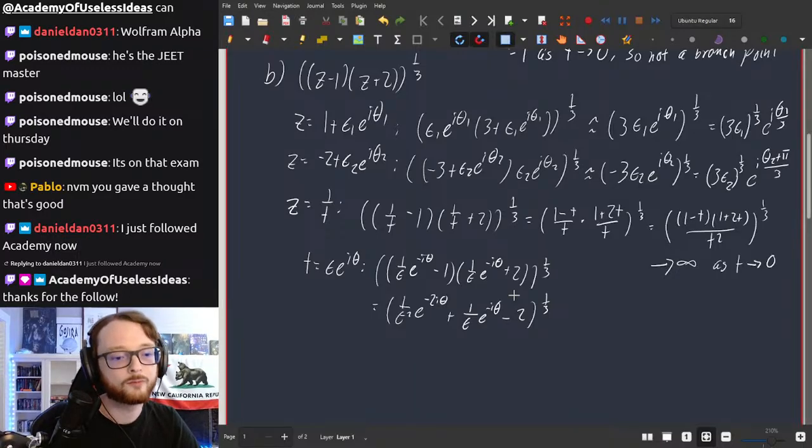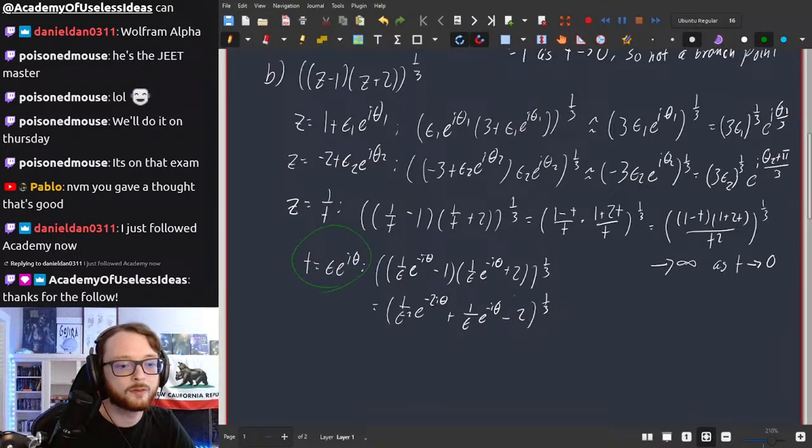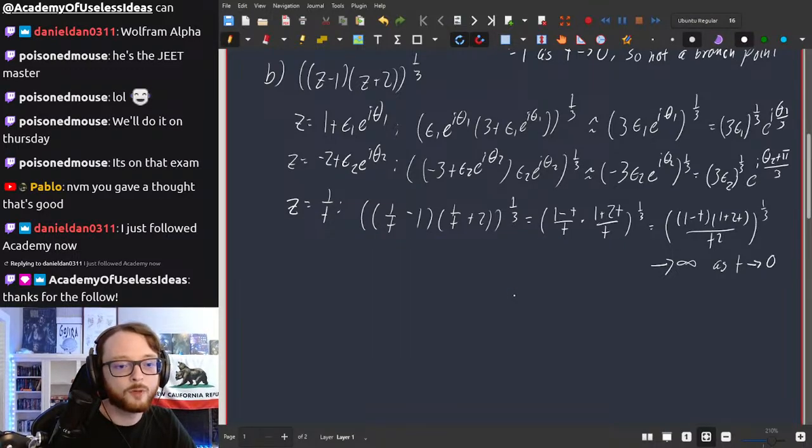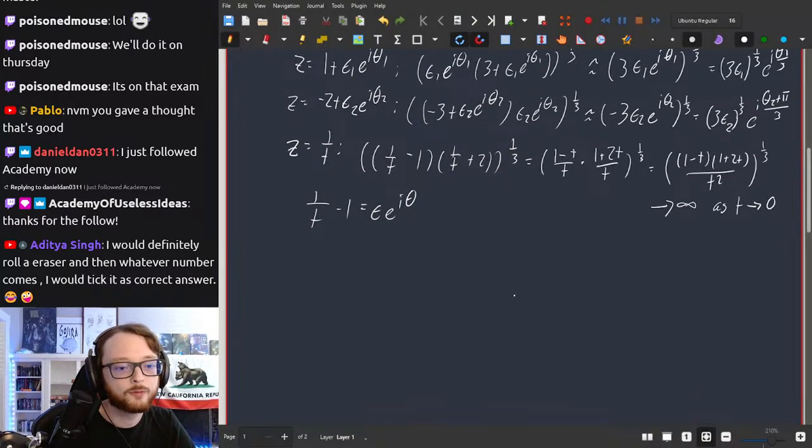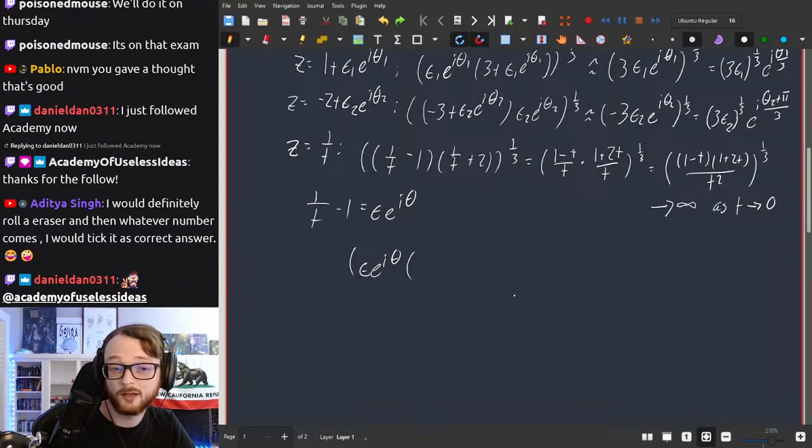Okay, so maybe instead of taking that as my t, maybe we want to take whatever's inside the parentheses here as our 1 over t. What do we end up with? So if we have that, we add 3 to each side.